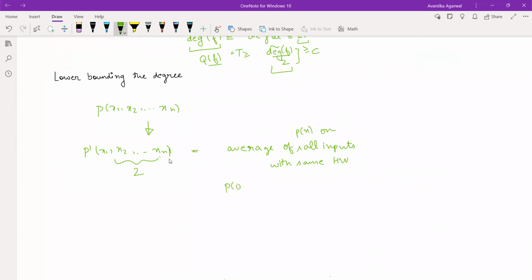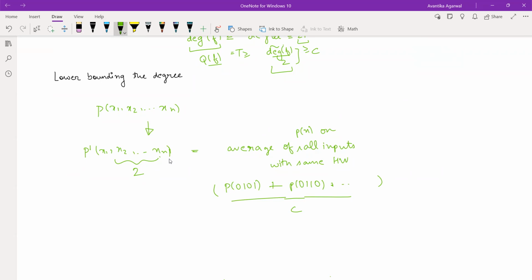So p(0,1,0,1) plus p(0,1,1,0) plus so on, all inputs with Hamming weight 2, divided by the number of such inputs, some c. That way we have ensured that all the inputs which have the same Hamming weight give the same output for this polynomial.